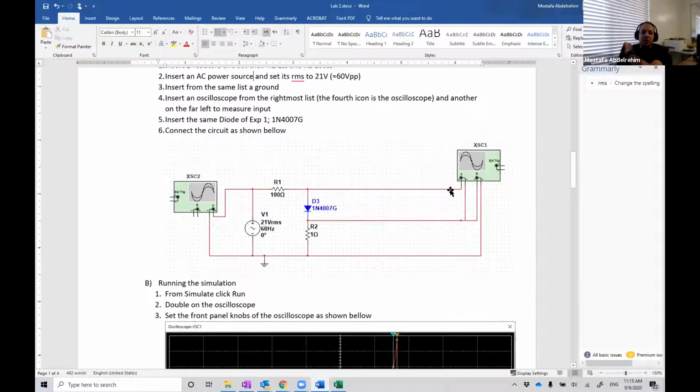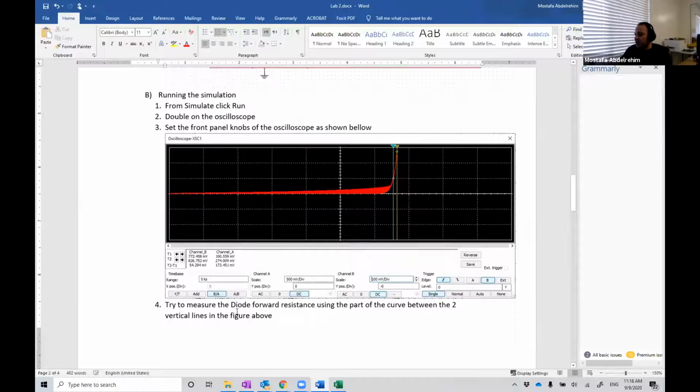Then we can draw them together in what's called XY mode, just like what we have done with Ohm's law. But here, since we need the current on the vertical axis and the voltage on the horizontal axis, we need to draw B/A, just like this connection here.